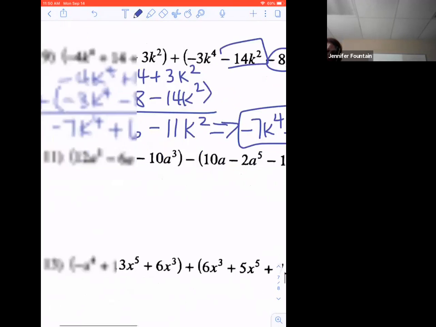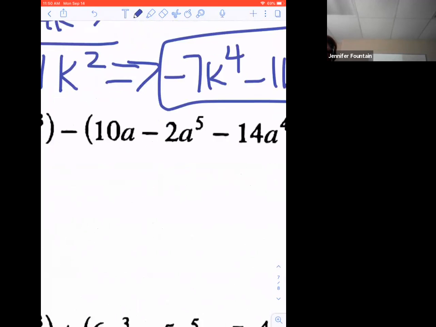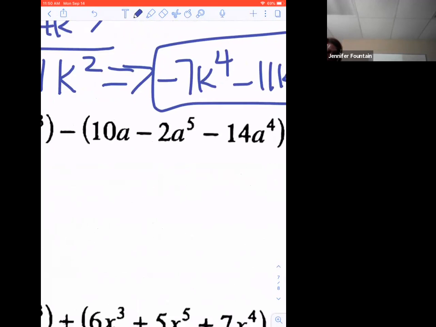All right, we're going to rewrite number 11 in vertical format, but I also want to change from subtraction to addition. So when I do that, let's take a look at what that's going to look like here. My minus sign is going to become a plus. 10a, is it positive or negative?